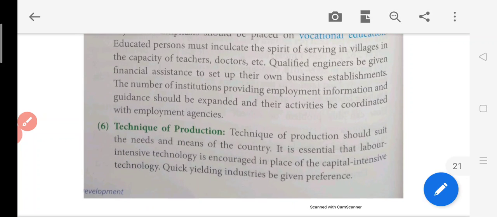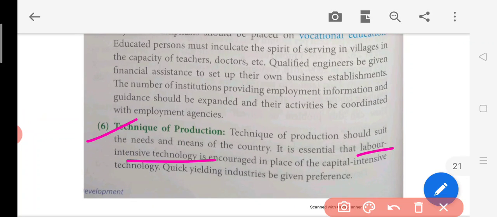Then technique of production. The labor-intensive technique should be used. When we talk about small and cottage industries, these companies use labor as the workforce, and they don't use so many machineries, because when machinery is used, definitely fewer jobs will be provided.